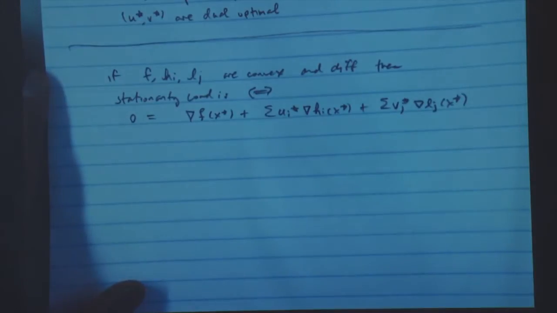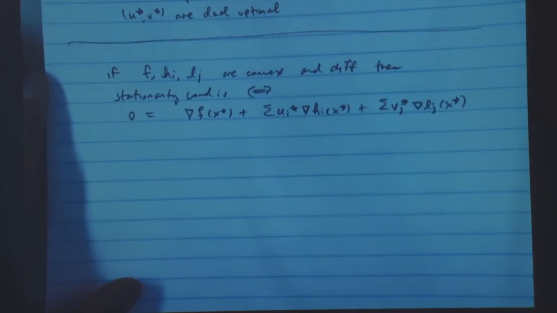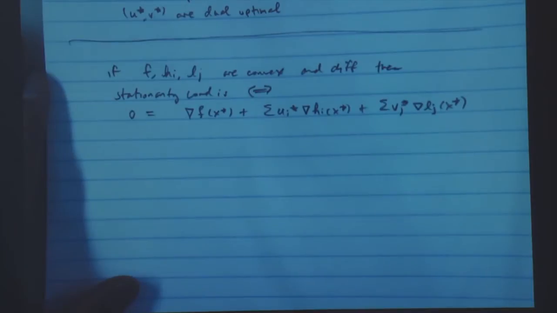Because for convex differentiable functions, their subgradients are just their gradients. There's only one subgradient, and that's the gradient.